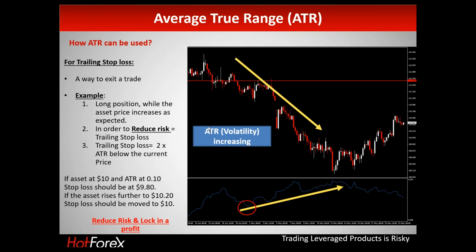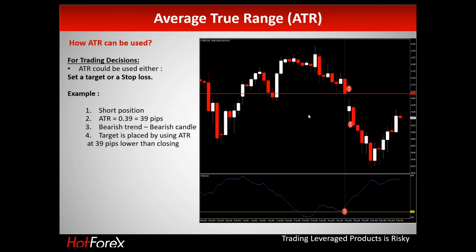Let me check. Okay, so enlighten us on converting readings to pips in all scenarios, as Onissimo is asking. For example, this is a dollar yen pair. Dollar yen is actually calculated in 2 decimal places.